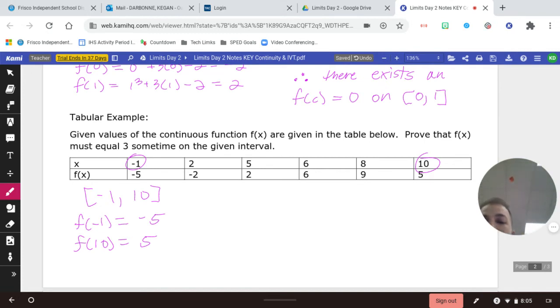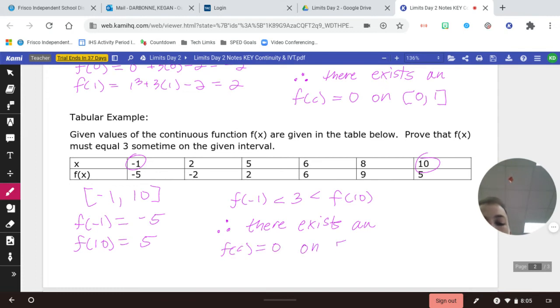Yeah, so for my conclusion, I say f of negative 1 is less than 3, which is less than f of 10. So therefore, there exists an f of c equal to 0 on the closed interval 0 to 1.